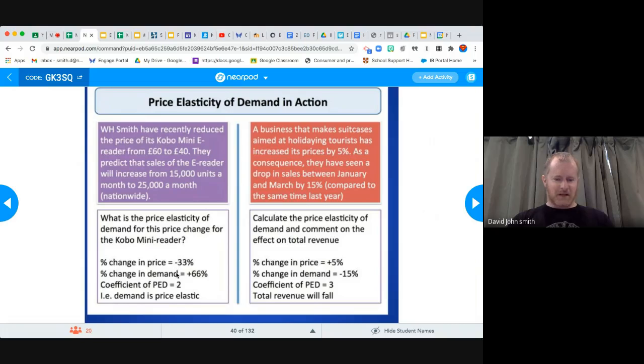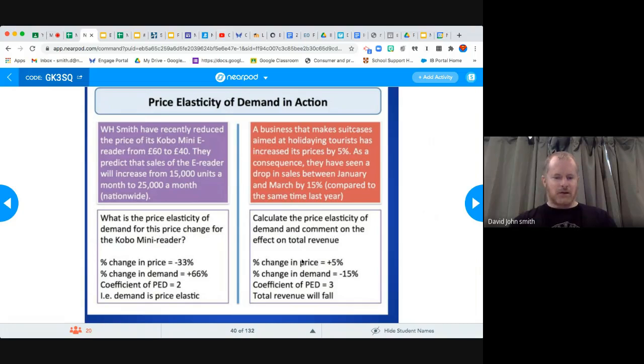It works out the percentage change in price, percentage change in quantity demanded, and gives you a coefficient, and then it explains what it is. So this is a formula that you can use. Ideally, you'd put the equation in, then show your calculation, so show your working, then say what the coefficient is, the answer, and then explain what it means.